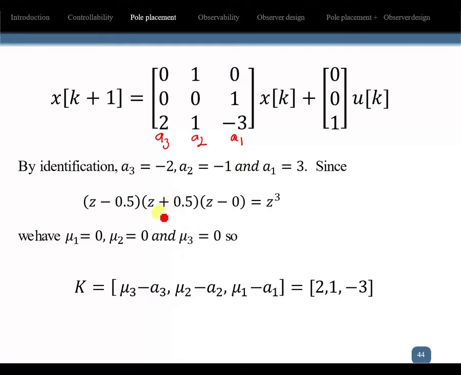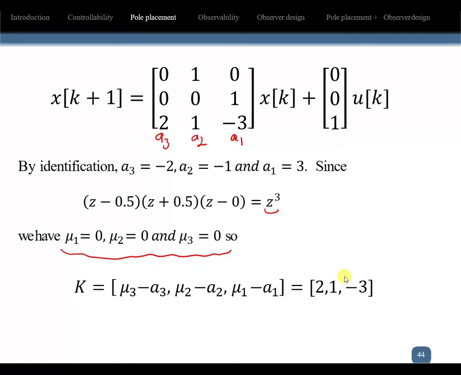And here, if you put in the formula, it becomes z minus 0.5, z plus 0.5, and z minus 0 equal to z to the power 3. You can find mu1, mu2, and mu3 here, because in the deadbeat response all become 0, and you can find K: mu3 minus a3, mu2 minus a2, mu1 minus a1. You can find K1, K2, and K3.